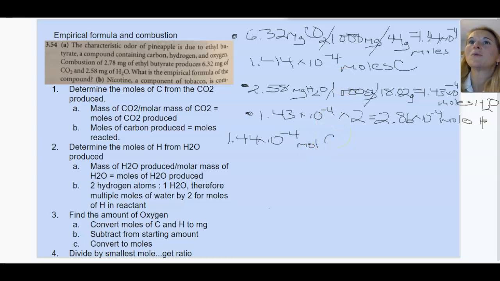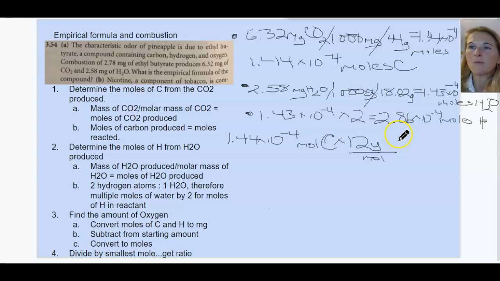We are going to multiply, as we're going back, by the molar mass of 12 grams per mole. And we are also going to multiply by 1,000 to get back. Oh, no, we don't want to multiply by 1,000 yet. We want to stay in milligrams for now. I was getting ahead of the game.